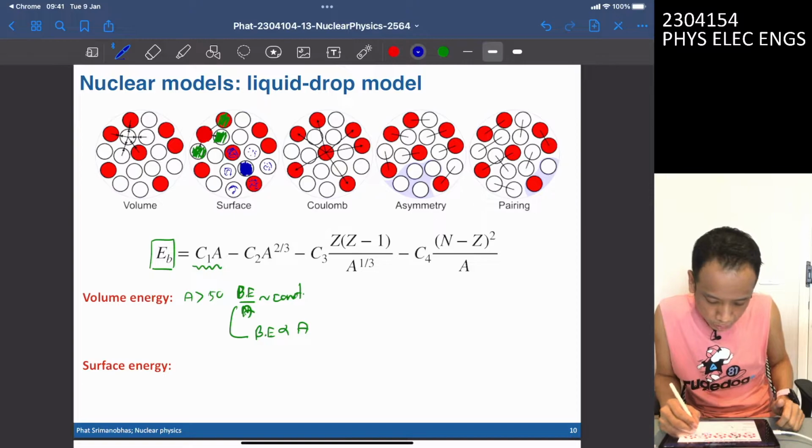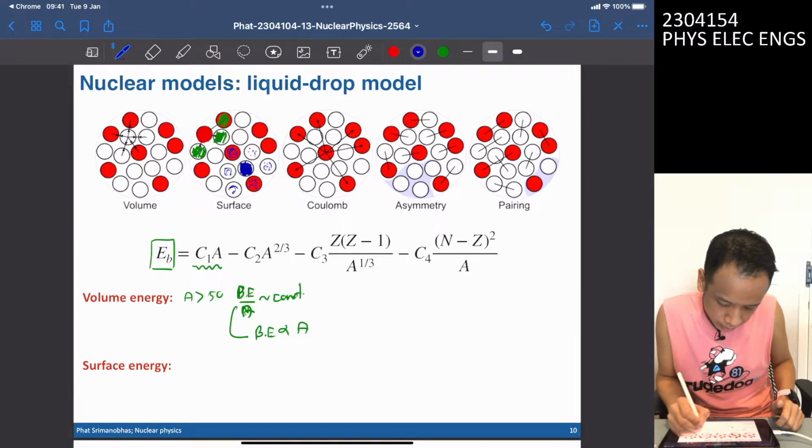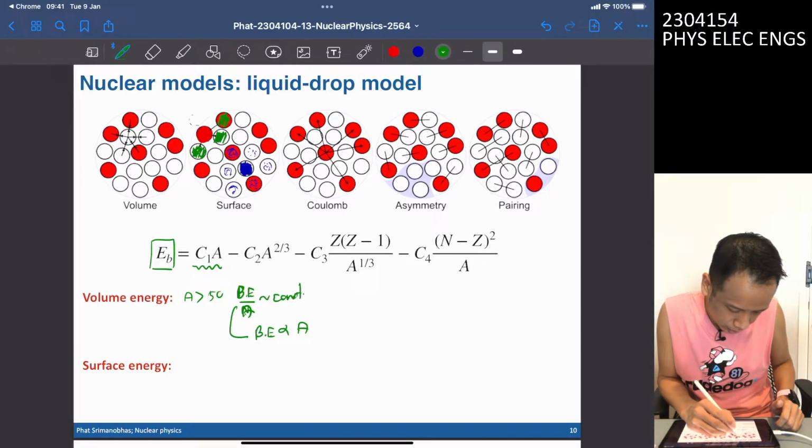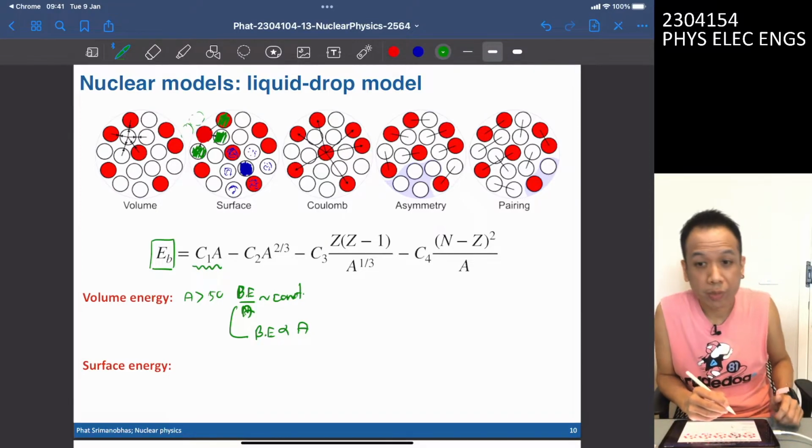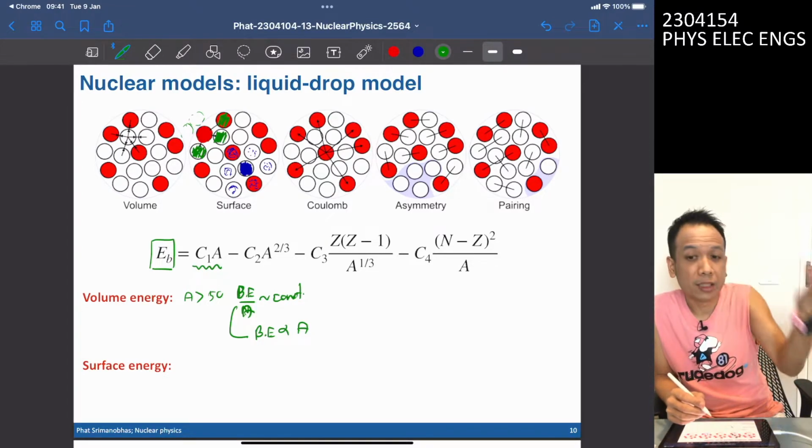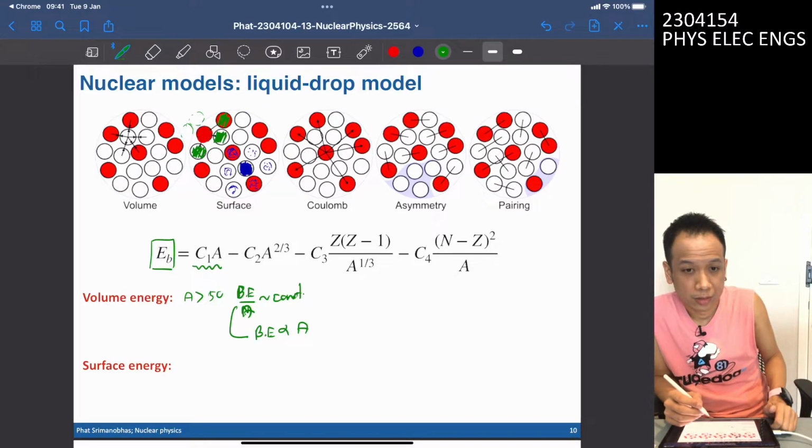There are no nucleons here, there are no nucleons here. So it means that the binding energy that we estimate needs to be less.